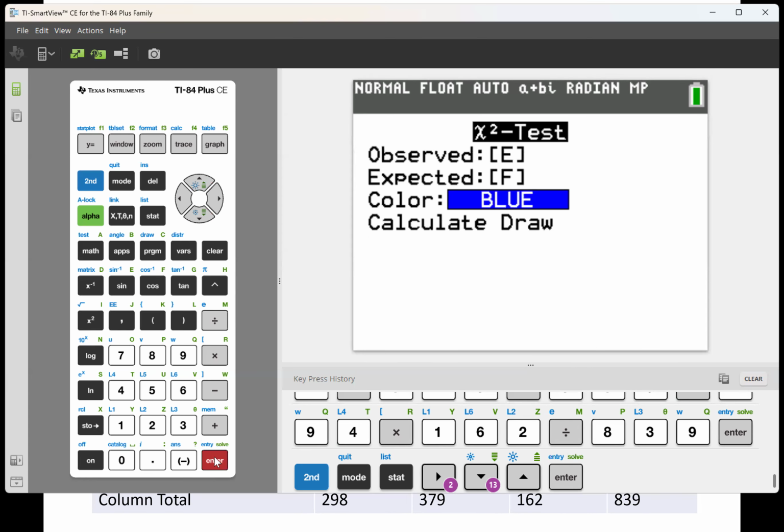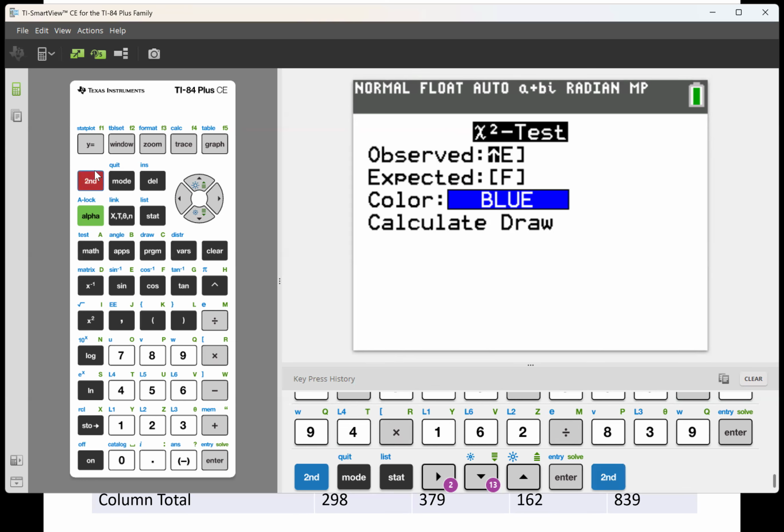And you'll know the difference because it asks you to tell where your observed and expected are in a matrix, so in a table. So I have to tell my calculator that my observed data I put in matrix A. So this is the way we do this.